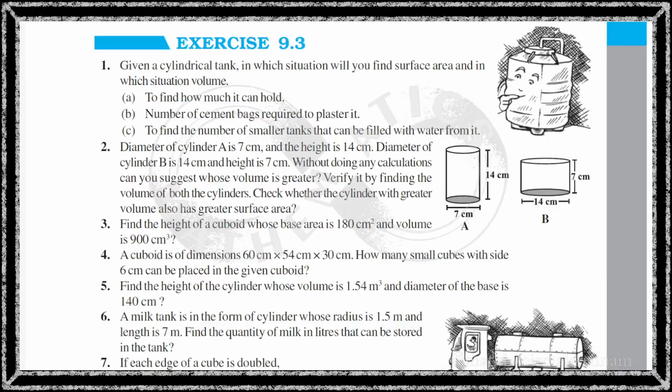So if you look at these two figures, r is greater for the second cylinder. The radius is half of 14, which is 7, whereas for the first cylinder it is only 7 by 2. So clearly cylinder B is going to have more volume. Now actually do the calculation and verify.